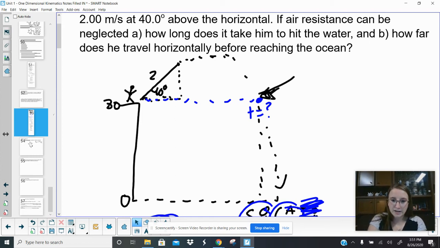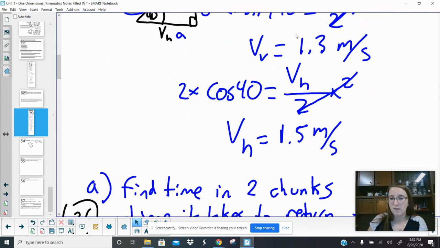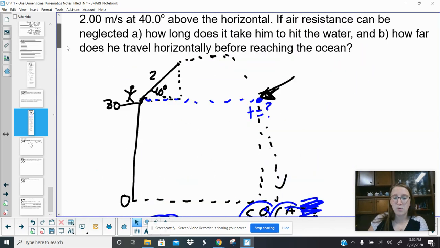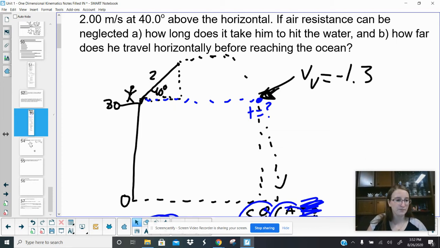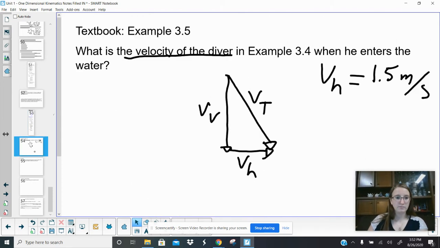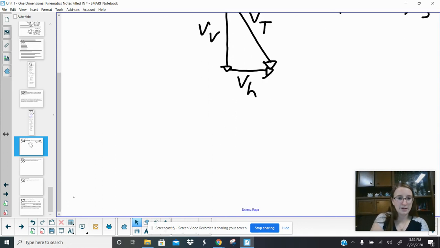So we said the velocity at this point was just negative of what it was over here. And that happened to be a vertical velocity of 1.3. So again, at this point, that's a vertical velocity of negative 1.3, just the opposite direction. So looking at my picture, again, here's the cliff.